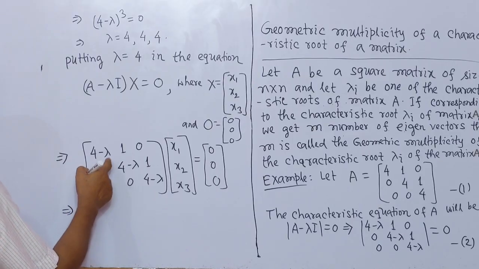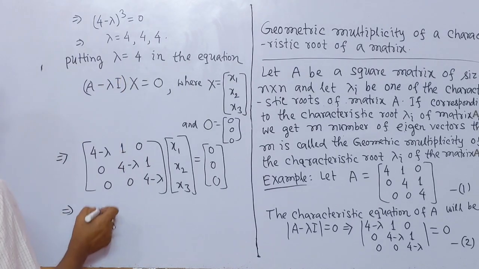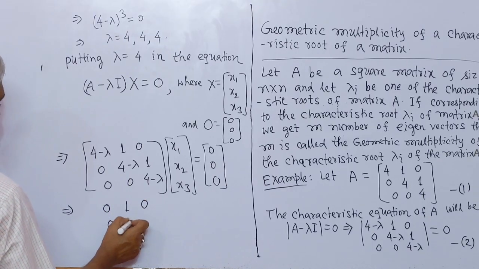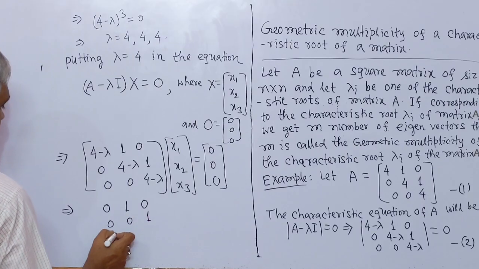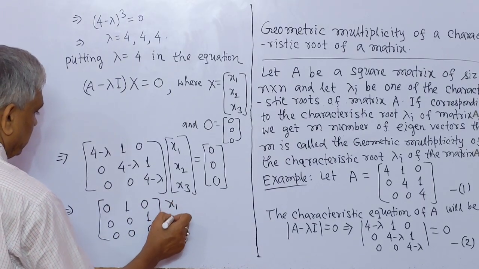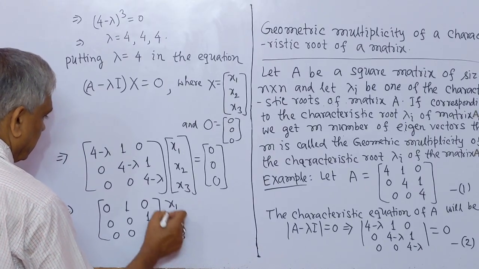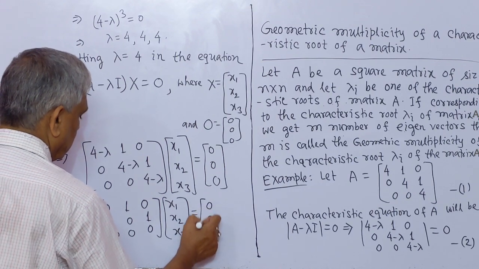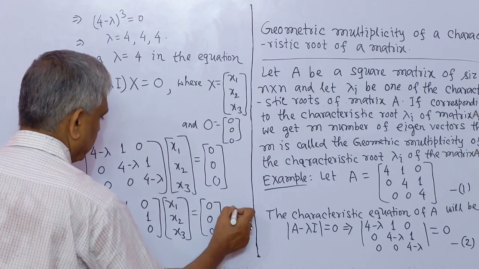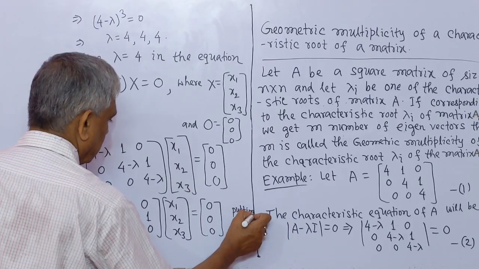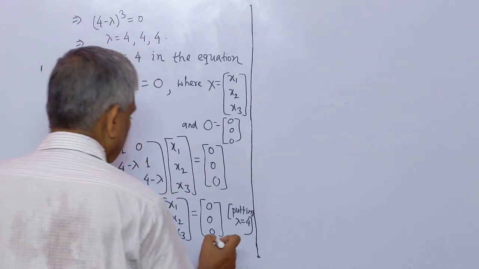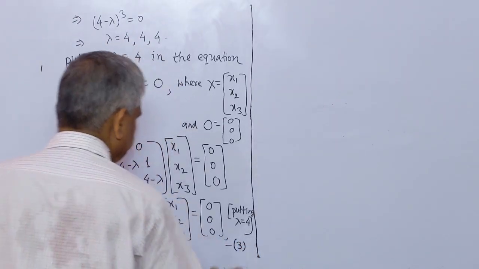Putting lambda equals 4, here we get 0 1 0, 0 0 1, 0 0 0, times x1, x2, x3, equals 0, 0, 0. Let this be number 3.